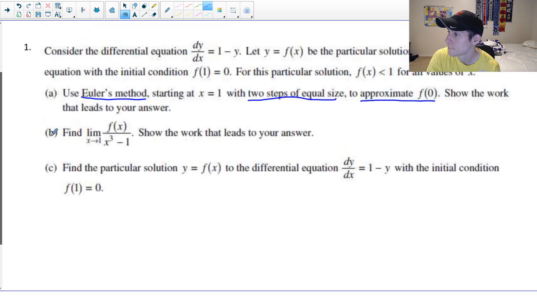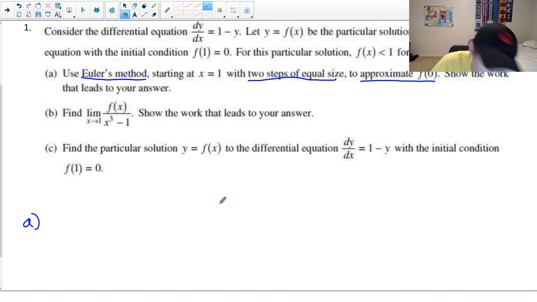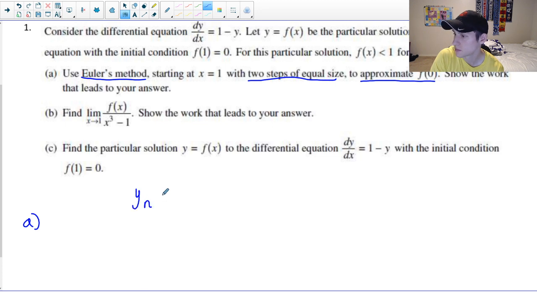All right. So for part A, first off, we just have to remember what in the world Euler's method is. Okay, and so Euler's method, that equation, this is a first.